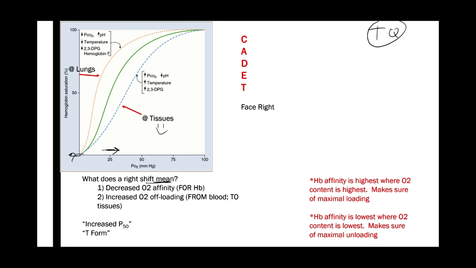But also, if you think about it, we want a left shift at the lungs. Some people remember L, left, lungs, there's two L's. Because we want the hemoglobin to hold on to the oxygen more tightly at the lungs, versus at the tissues, where we want the hemoglobin to release the oxygen more readily.